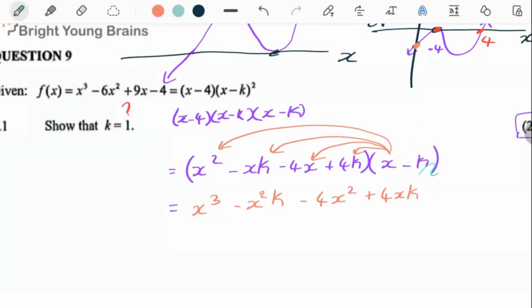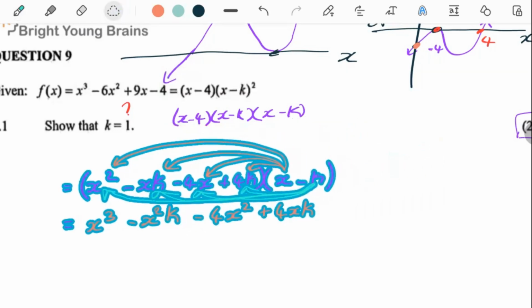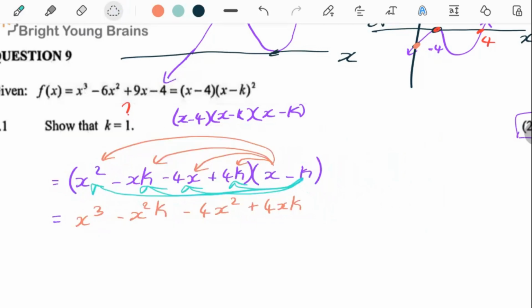And then ideally, we have to multiply the k as well with everything else. So the -k would multiply with that, and then would multiply with this, multiply with that, and multiply with that. See? So in doing that, let's see what we end up with. So let me just put this somewhere where we can easily write.